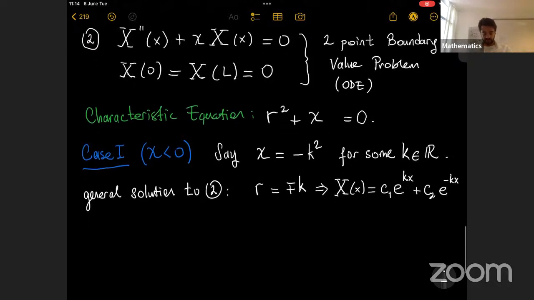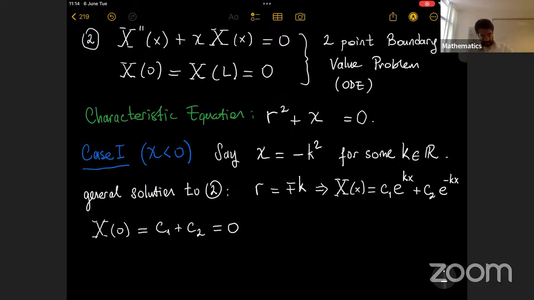So let's put the boundary conditions. X of 0: e to the 0 is 1, so c1 plus c2 is equal to 0.